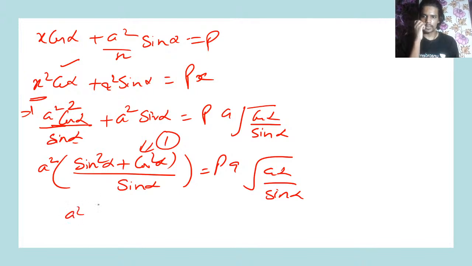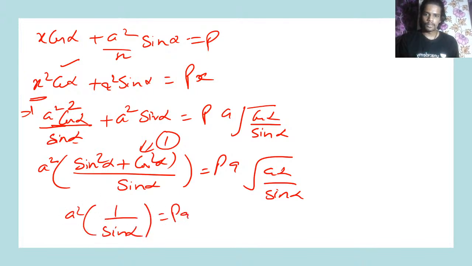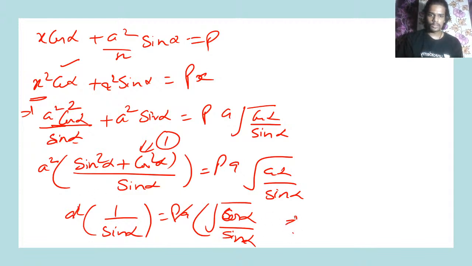So you will get a square 1 upon sin alpha is equal to pa root cos alpha upon sin alpha. A and a will cancel out, and this sin and this will cancel out. This will be root sin alpha. So you will get p equal to a by root sin alpha cos alpha.